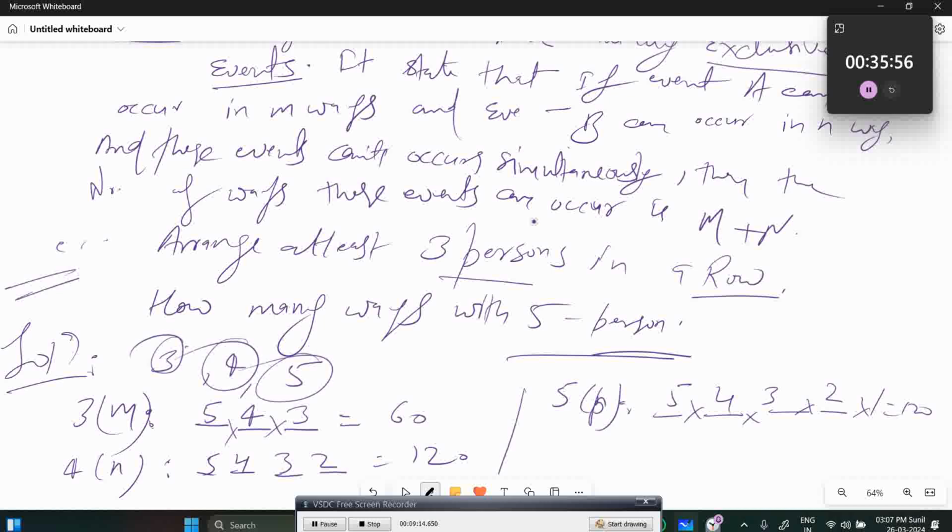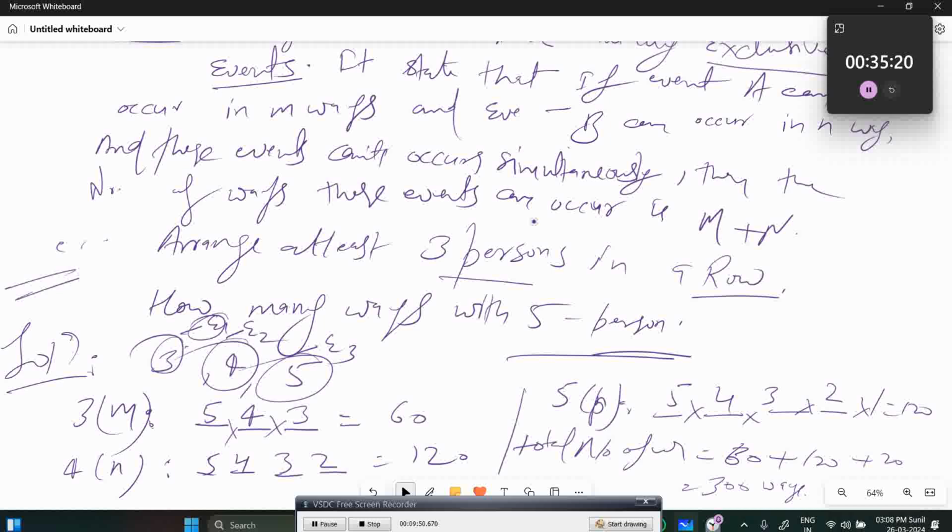We cannot arrange 3 and 4 and 5 simultaneously, so these events E1, E2, and E3 are mutually exclusive. So the total number of ways is 60 plus 120 plus 120, which is 300 ways. All right, this is the answer.